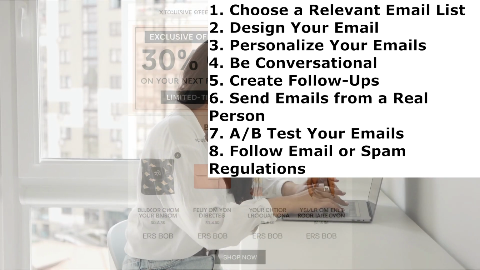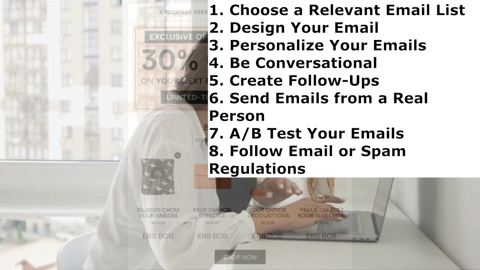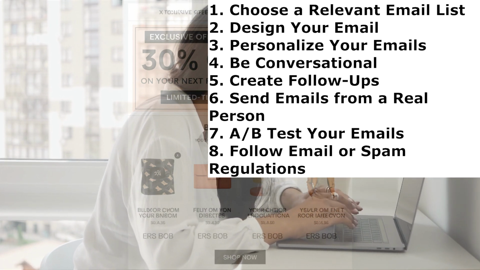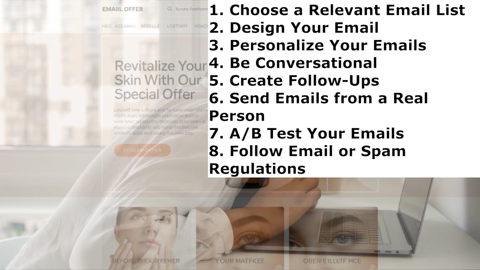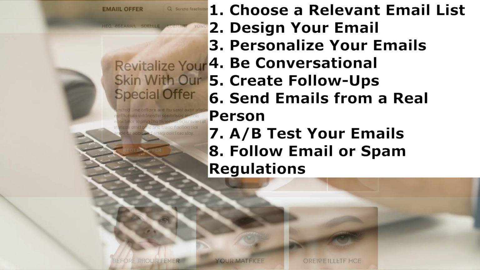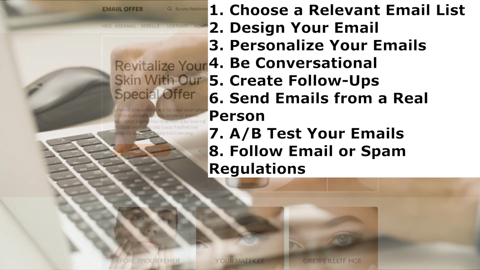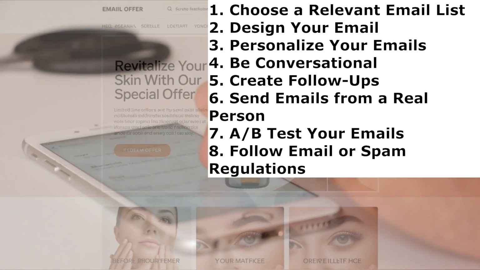Create follow-ups. Follow-up emails help nurture leads, remind recipients of previous interactions, and increase conversions. Send emails from a real person. Use a real sender name to build trust and make your emails feel more personal and authentic. A/B test your emails. Continuously test elements like subject lines, content, and call to action buttons to optimize engagement.